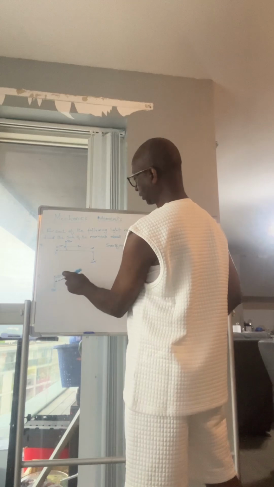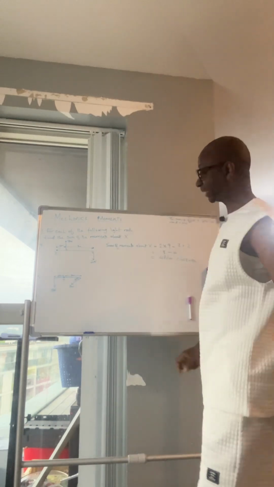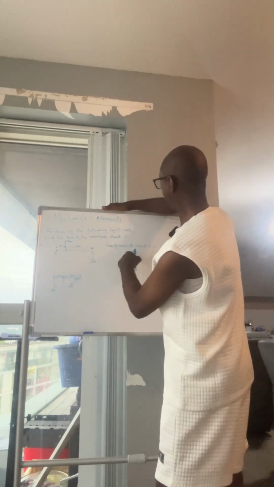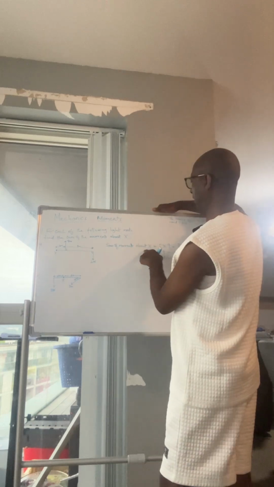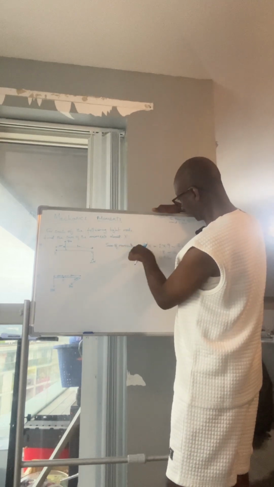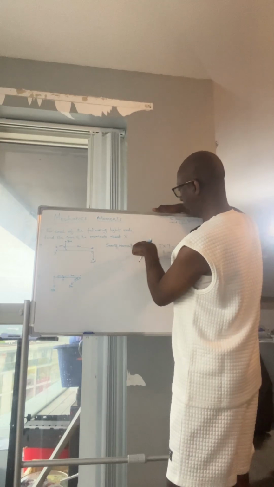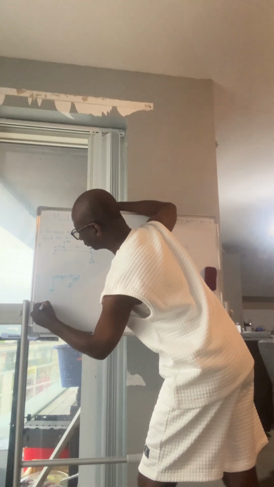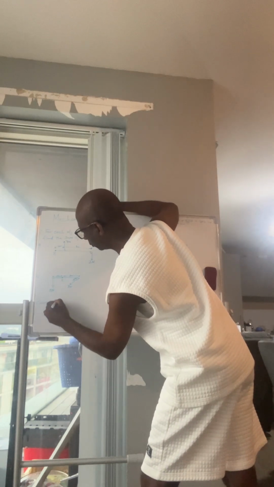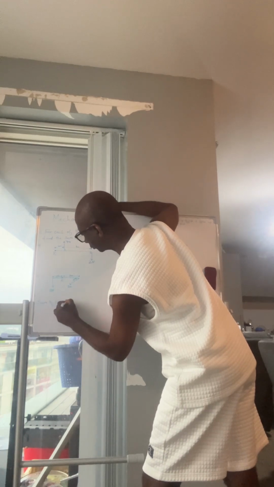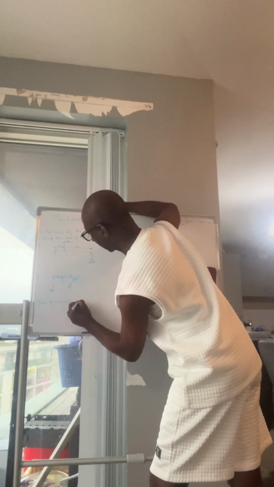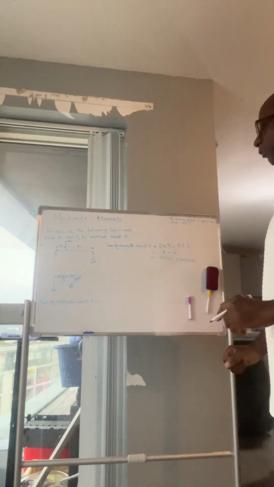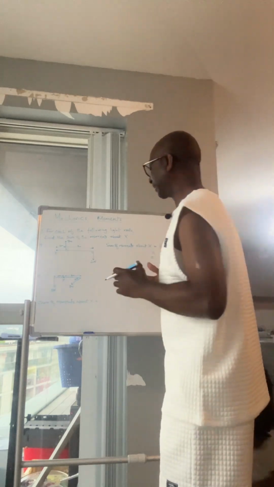We are taking moments around the point X. Here we start again: the sum of moments about X is the sum of clockwise moments plus the sum of anti-clockwise moments.